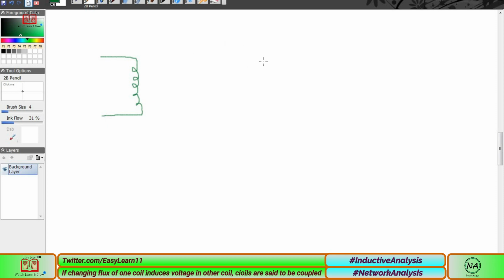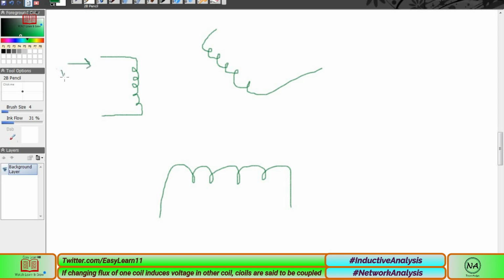But now suppose this is coil 1, and there are 3 coils basically, with current 1, current 2, and current 3. None of them is 0, all the currents have specific values.